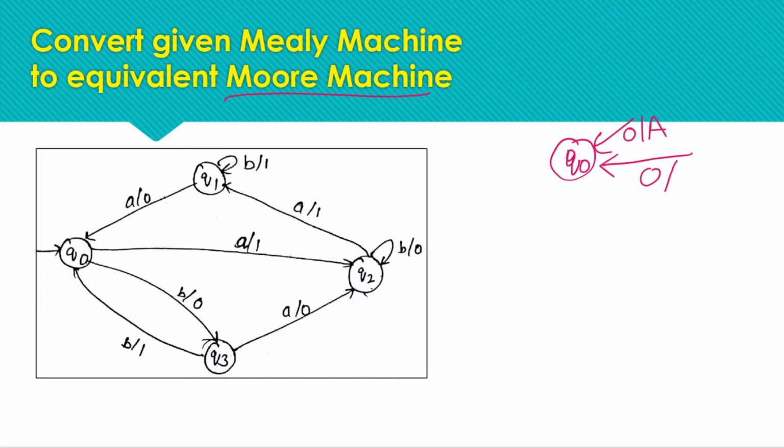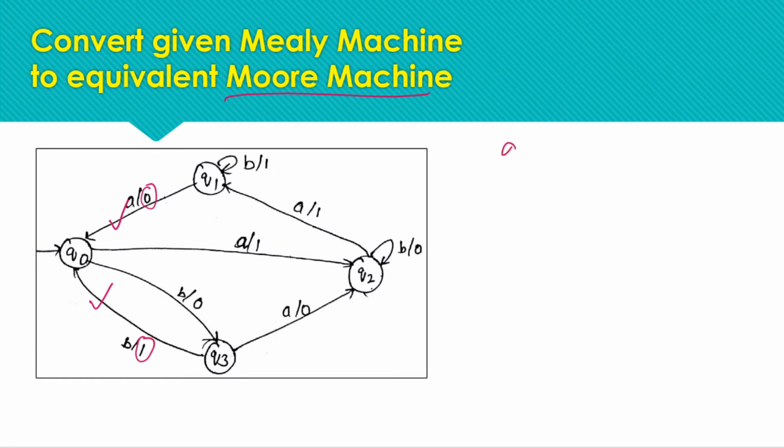So, starting from Q0, we have to check the incoming outputs to every state. Corresponding to Q0 we have this incoming transition with output 0, and this incoming transition with output 1.